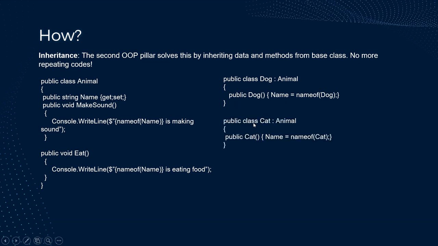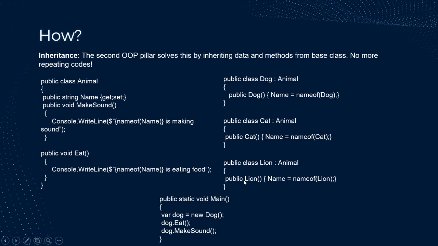And in the same way we have cat and lion here, and all the public properties or methods will get inherited into the child classes. So this dog, cat, lion are all child classes, and all the methods of the animal class like make sound or eat are available in these child classes.